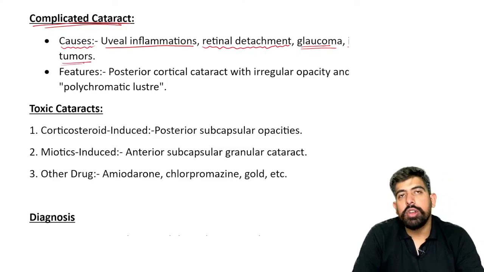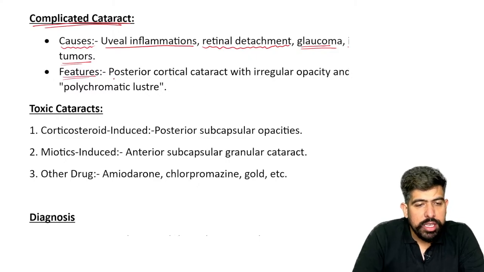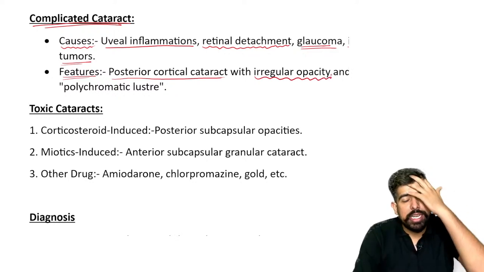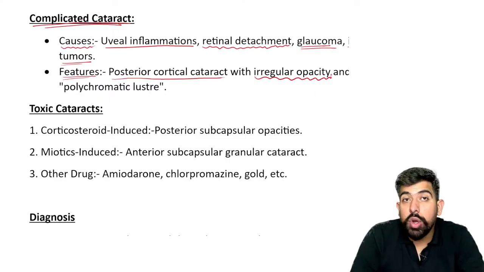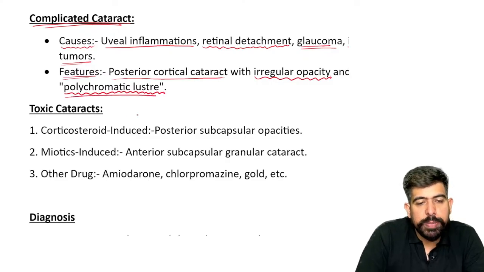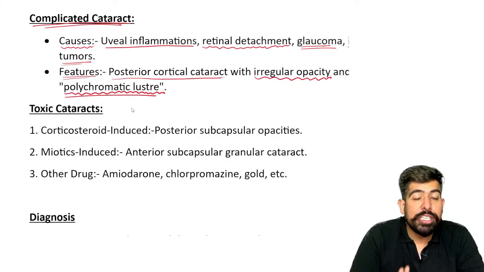Please remember its features: a posterior cortical cataract with irregular opacity. It starts from the posterior side. We don't have posterior epithelium, but it starts as a posterior cortical cataract, and polychromatic lusters will be seen, which is a special feature of this complicated cataract.